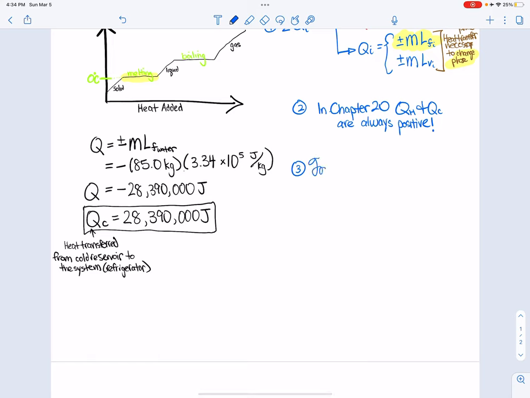So for any heat engine, my efficiency is equal to 1 minus QC over QH. This is from chapter 20, section 2, heat engines. And in that section, we learned that QC and QH are always positive.